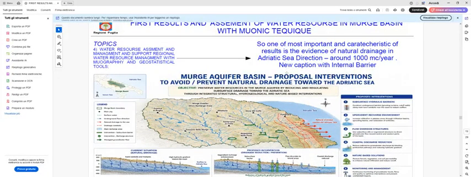One of the most important characteristics of the result is the evidence of natural drainage in the Adriatic Sea, around this value per year.